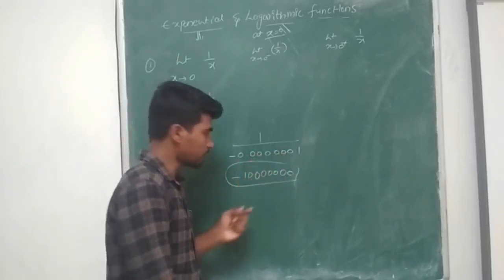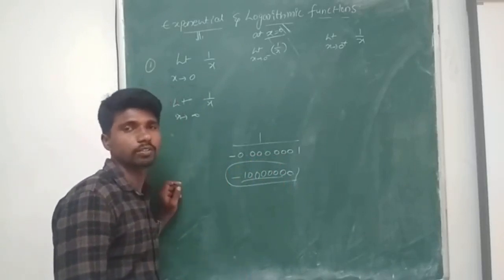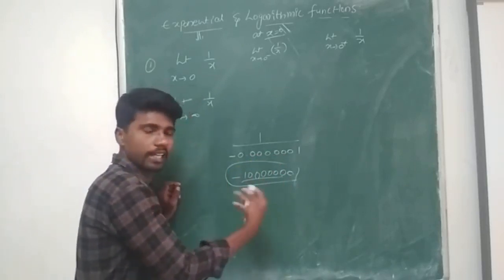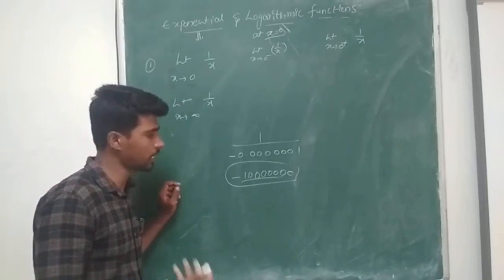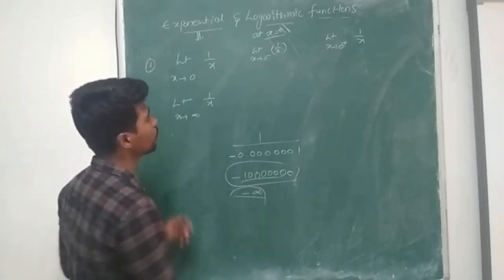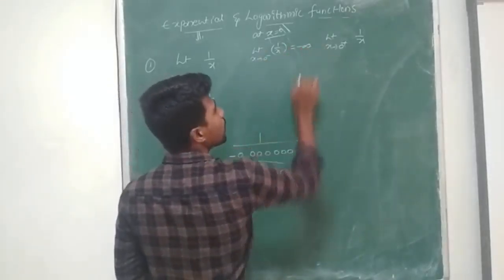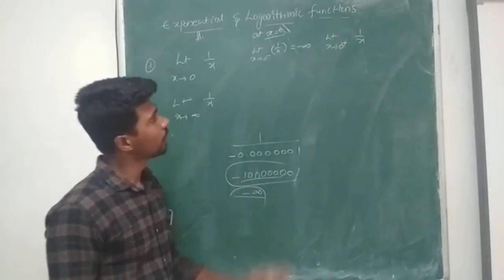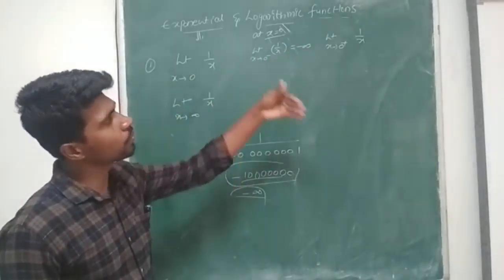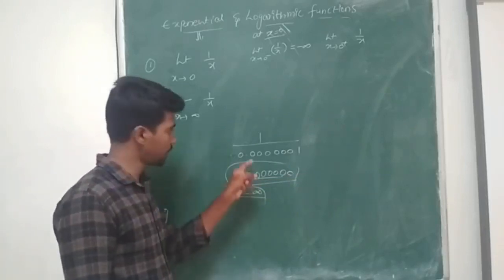So we can express this as the least negative number, which is nothing but minus infinity. So the limit as x extends to 0 minus of 1 by x is minus infinity. Whereas for the limit as x extends to 0 plus of 1 by x, the same with plus, from the right side.